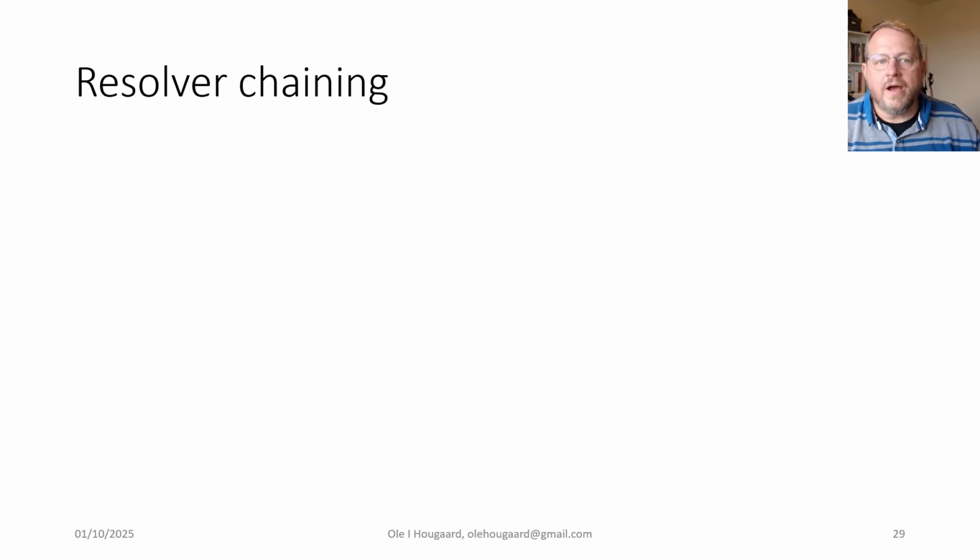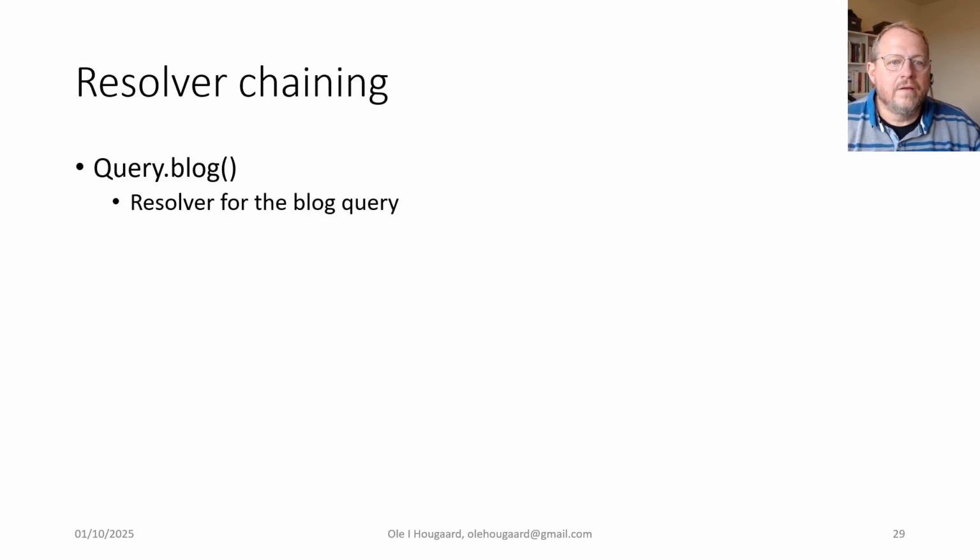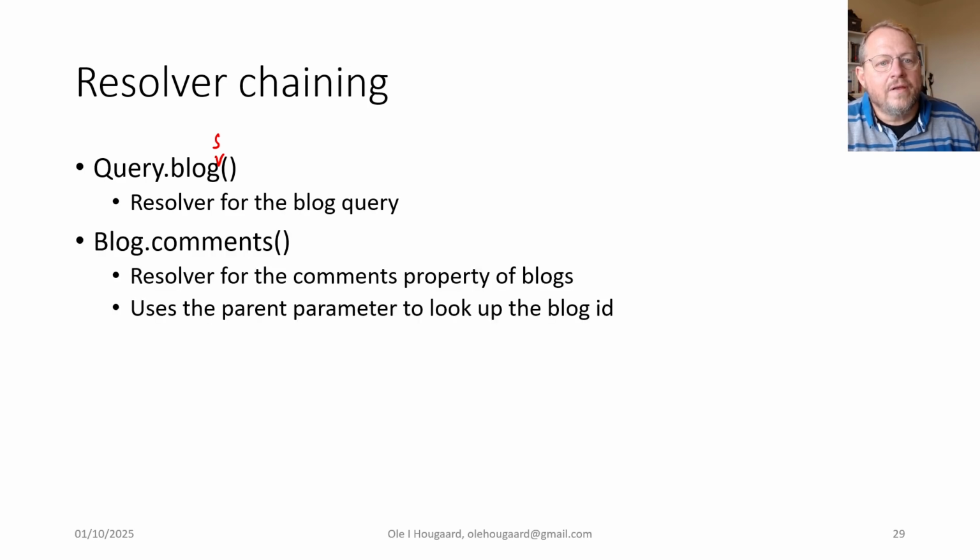So if we look at how that works, we write the blogs. Oh, that's wrong. The blogs. We write the blogs in the query object, or rather the query property, the object that belongs to the query property, and there we write the resolver for the blog query. And then we make a new blog.